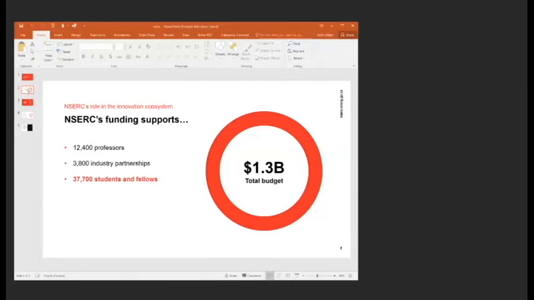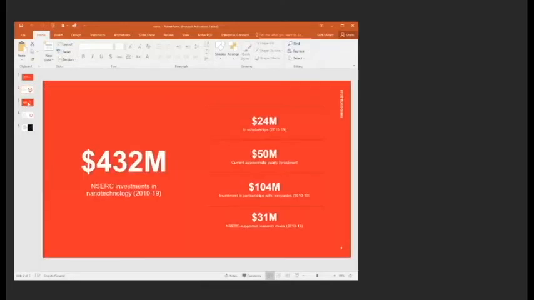Dr. Ardem, in his comments a little earlier in the opening of the session, mentioned that NSERC has invested roughly $500 million Canadian dollars in nanotechnology research over the last 10 years. Our investments continue to increase year after year in this discipline.